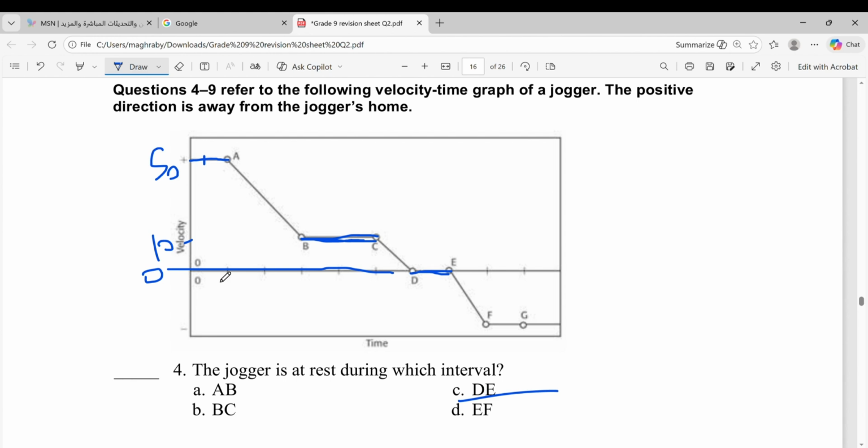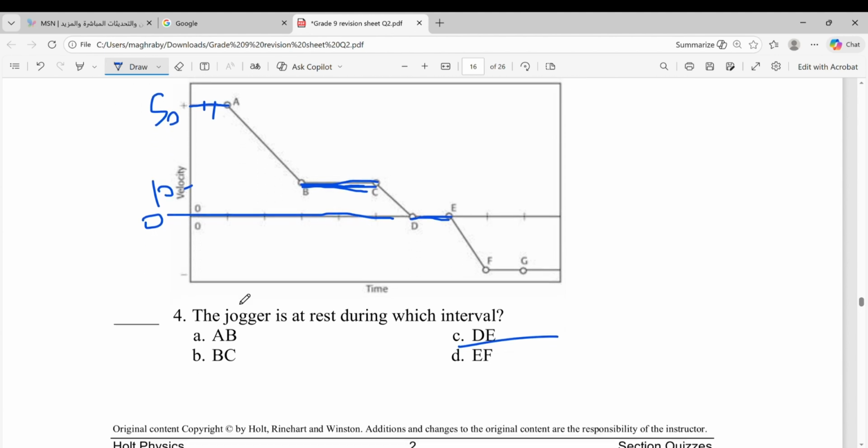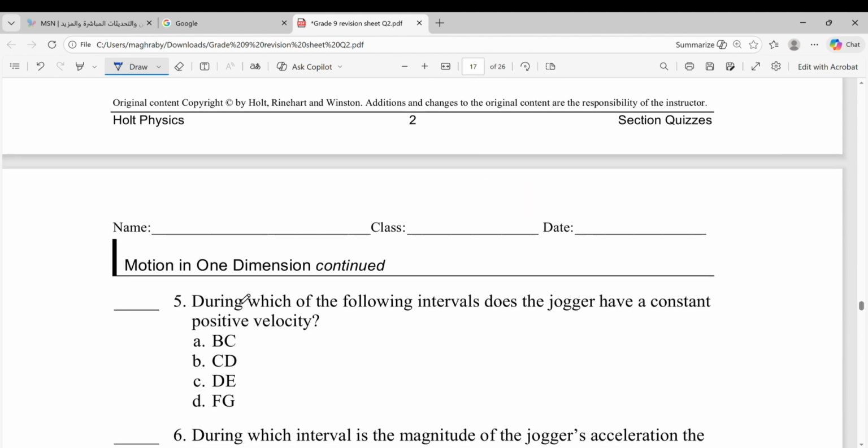If this was, for example, 3 seconds, here it's still 50. So this one is constant velocity, and here also it is constant velocity, and at the same time it's positive. So here and here. So this one is A and BC.